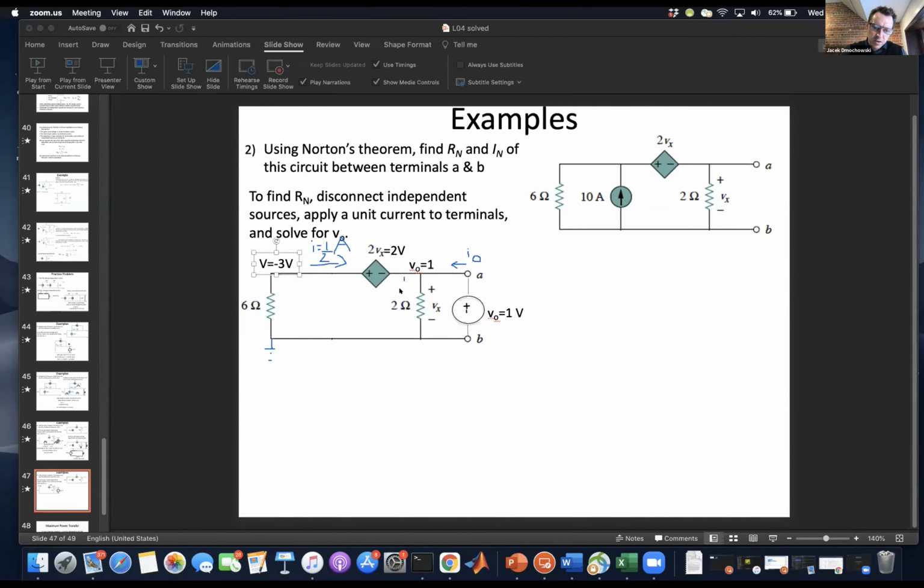And the current down here is equal to 1 volt divided by 2 ohms, which is ½ an amp. Let me just see something.